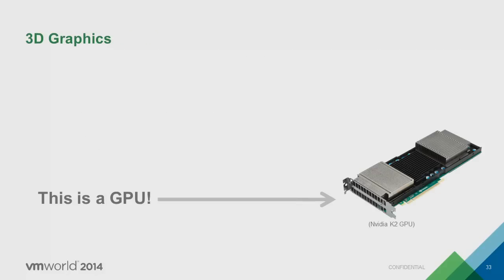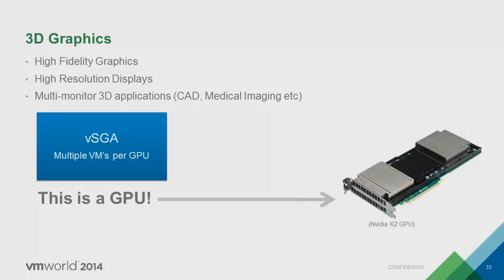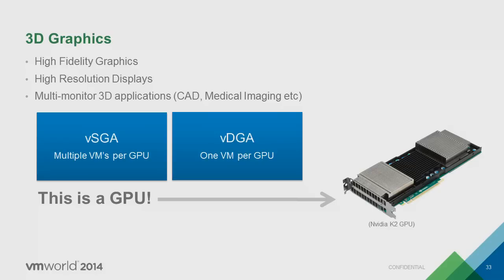So 3D graphics. Now this is a GPU. VMware have two types of graphics offloading options when it comes to View and graphics. We have vSGA, which is Virtual Shared Graphics Acceleration, which is multiple VMs to a single GPU. And we also have vDGA, Virtual Dedicated Graphics Acceleration, which is a one-to-one.